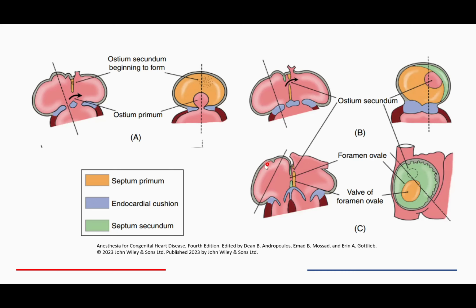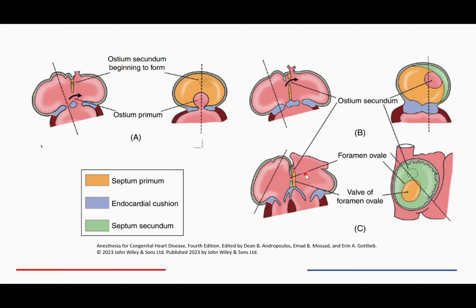So usually when the septum secundum is formed, a defect is left inside it, and then the holes that are created in the septum primum, those two holes are usually not at the same level. So a form of a valve is created, allowing the blood to flow from the right atrium to the left atrium, and this is the PFO, patent foramen ovale.